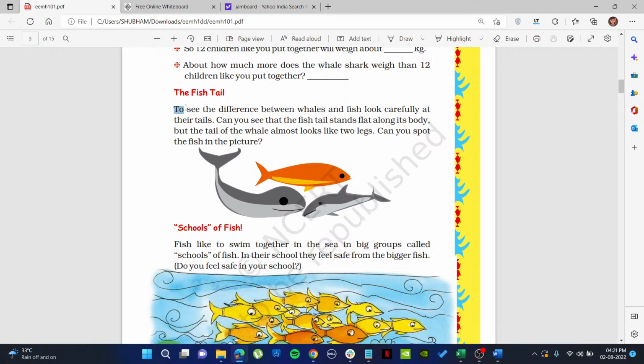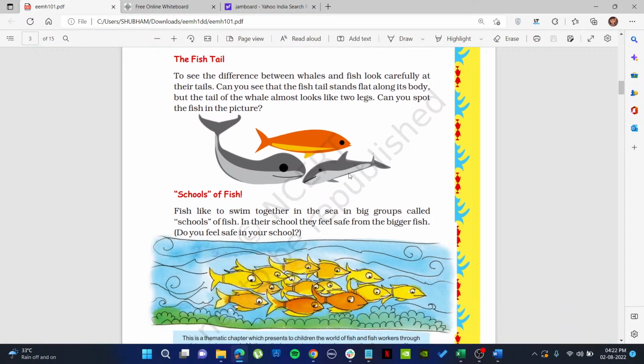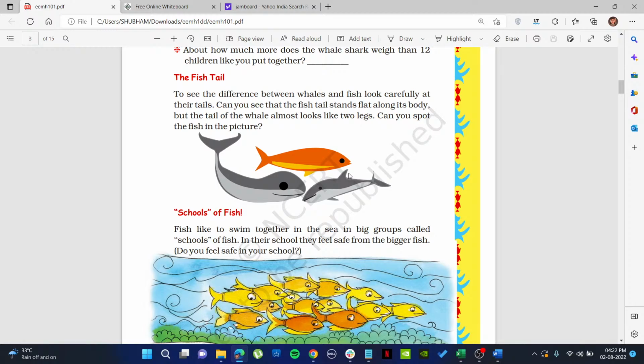Now let's explore another concept. Okay. To see the difference between whales and fish, look carefully at their tails. Can you see that the fish tail stands flat along its body, but the tail of the whale almost looks like two legs? Can you spot the fish in the picture? If we look into the given picture, what do we see?